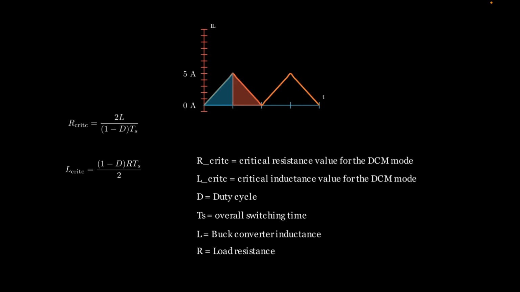That way, basically, we will be present in the critical mode, which we already saw on the screen, where we are not going into the negative direction, in which the diode is blocking the current and the current is 0 for some instant of time, and then again we are getting some current in the inductor. That is an undesired behavior which we are avoiding by determining R critic and L critic.